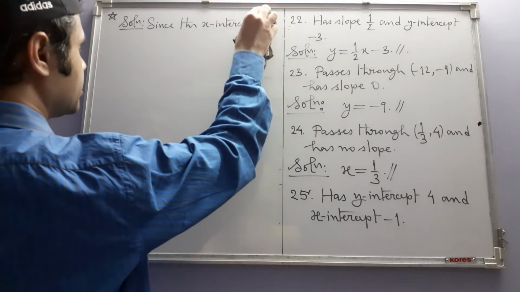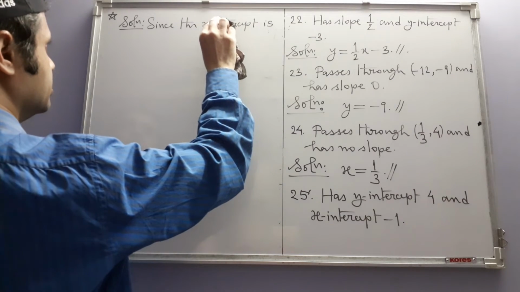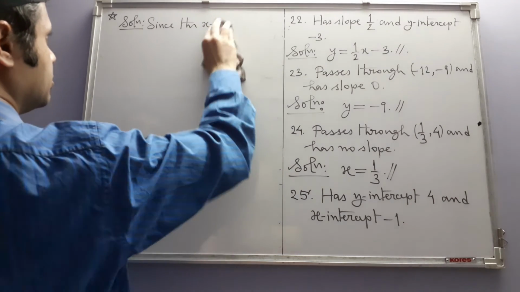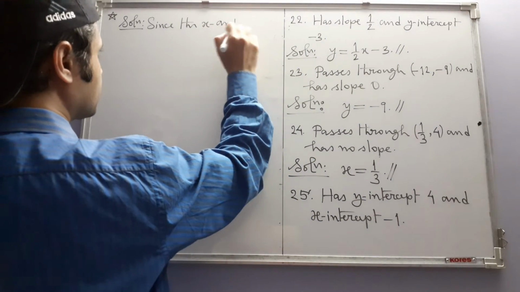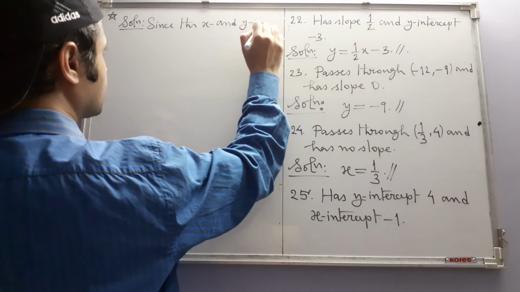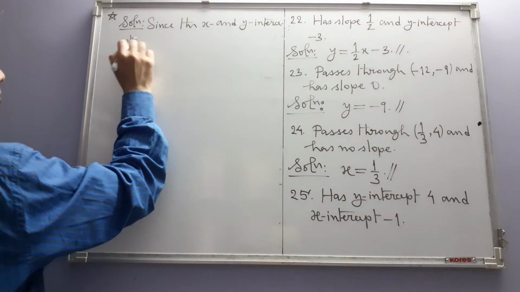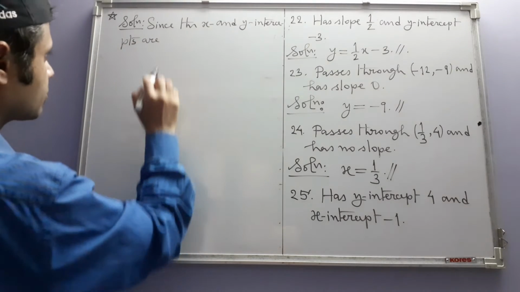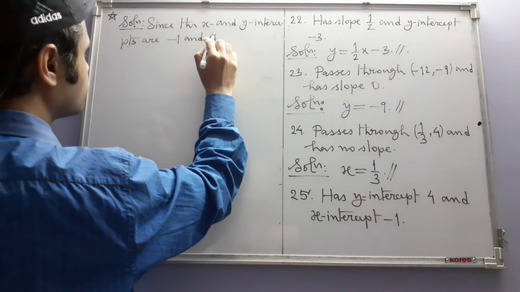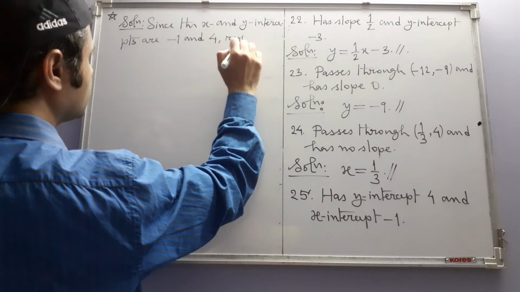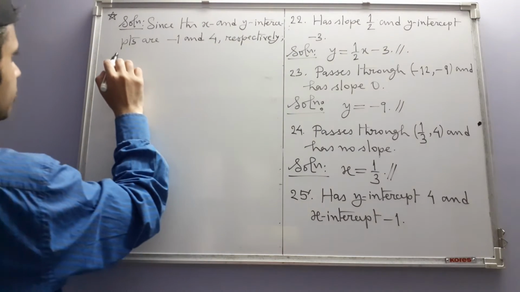Let's just write like this: x and y intercepts are -1 and 4, respectively.